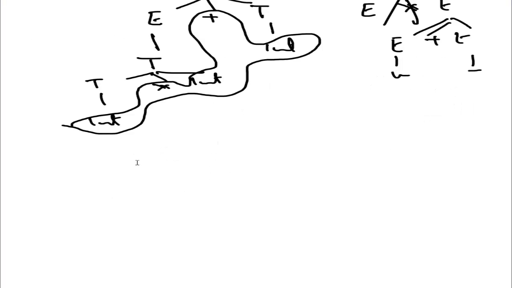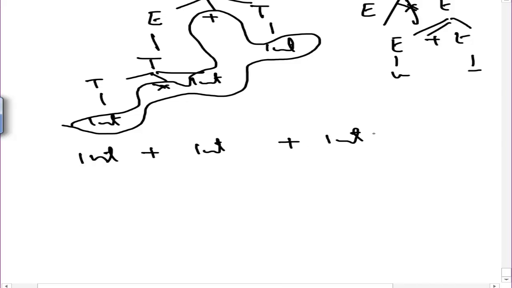If I have something like int plus int plus int, okay. Now if I use the E, we have pluses there, right? We got an E plus T, right? Okay. Now I need pluses, because I have pluses only.